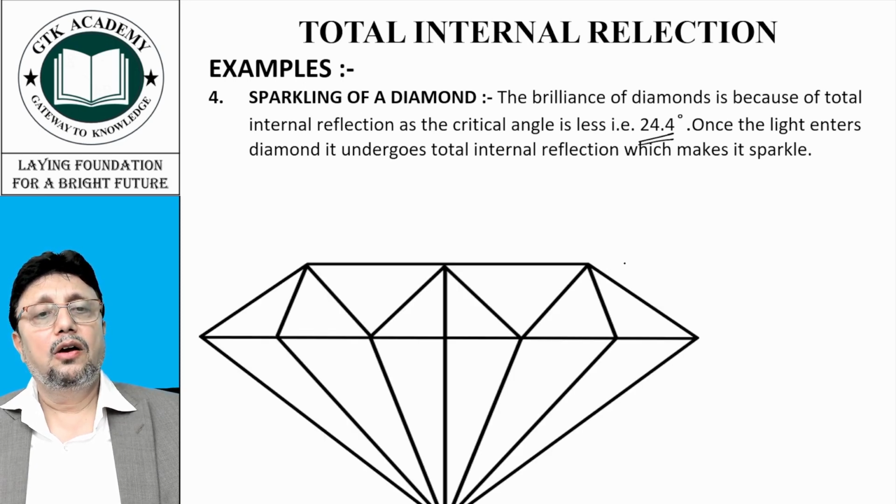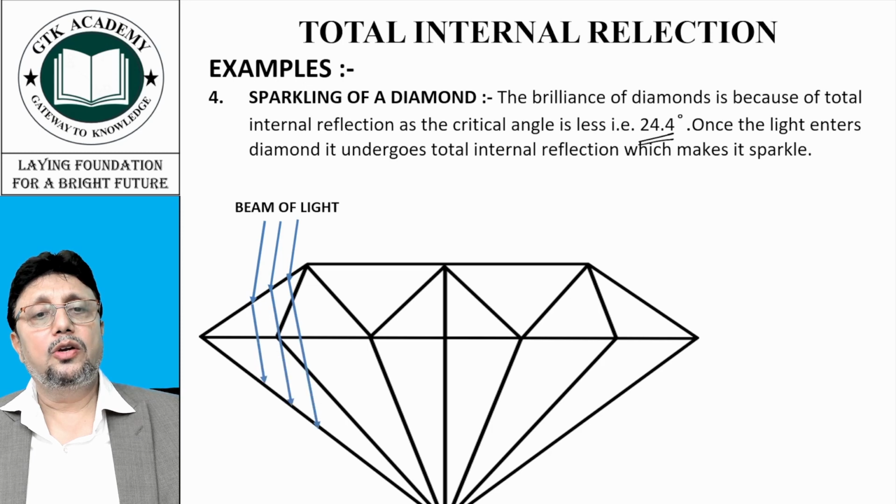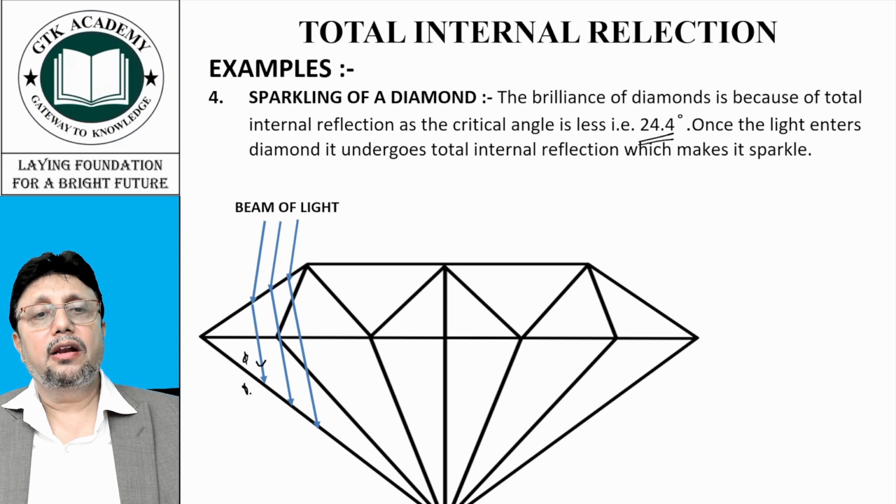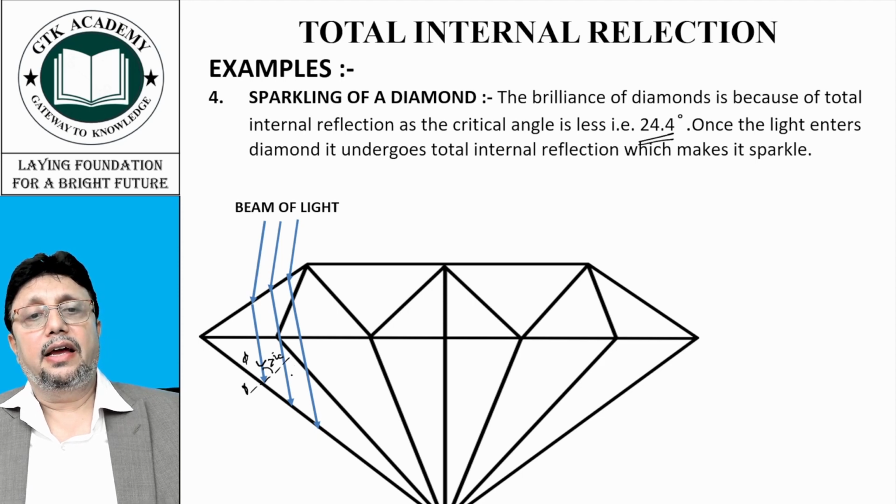Say, for example, a beam of light strikes the diamond and goes inside. Now this ray is traveling from inside the diamond and coming out of here. That means denser to rarer medium. So here total internal reflection can take place if this angle is greater than the critical angle.